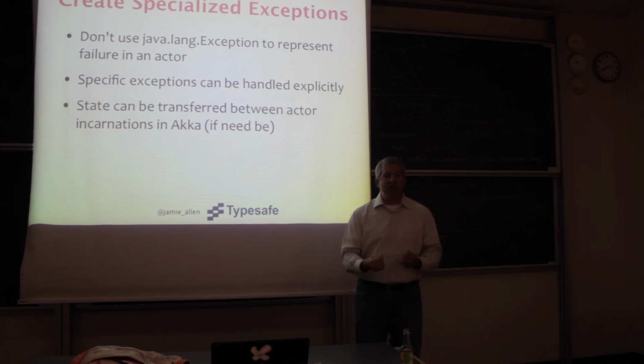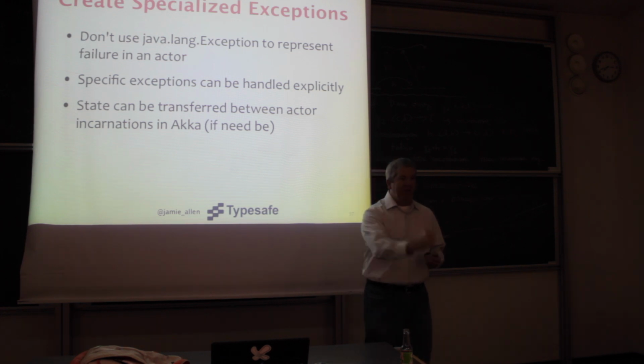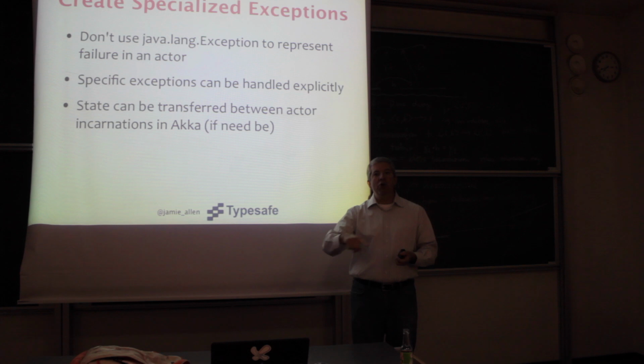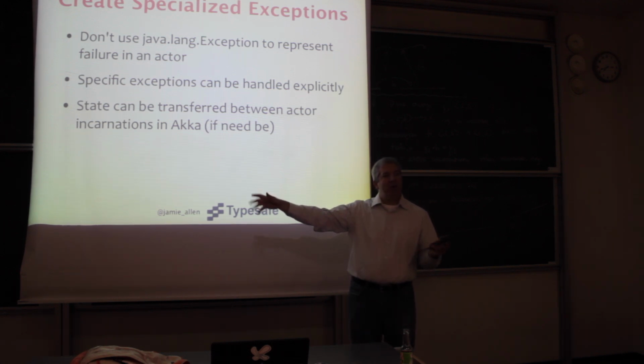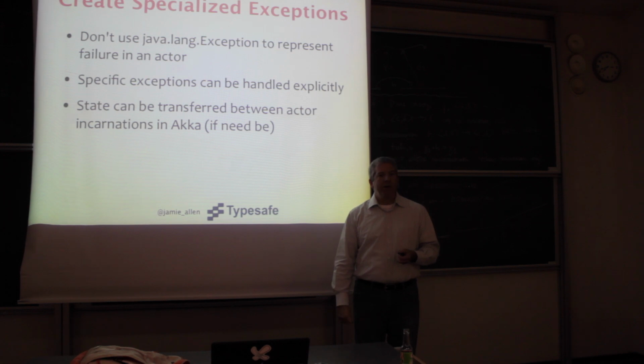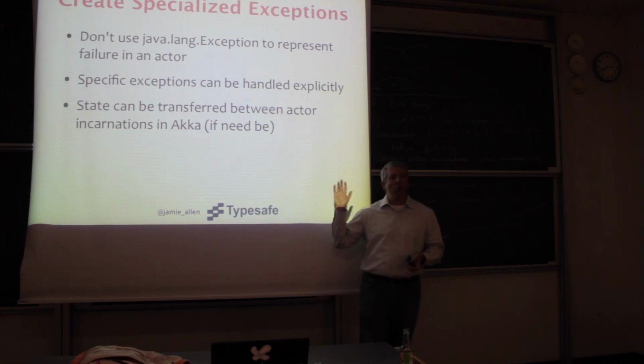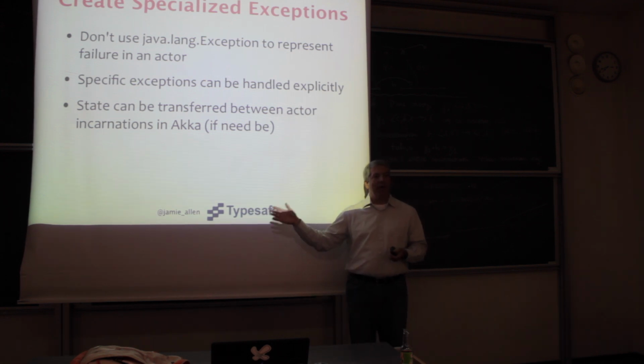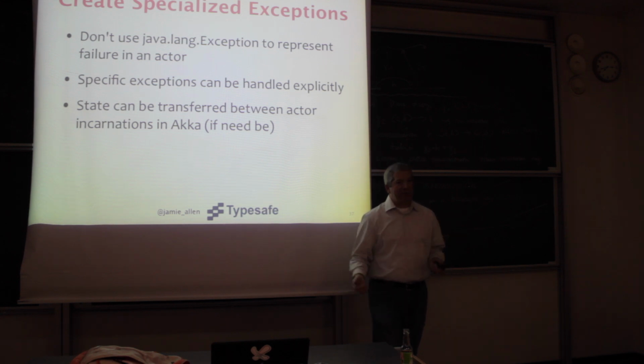Use very specialized error messages that only represent the kind of failure that happened inside this actor. Don't reuse it in another actor for a slightly similar kind of thing. Don't. Because then you'll know exactly what went wrong inside of your application when it blows up. And you see this cascading, constant illegal state exception or something like that. Don't use that.